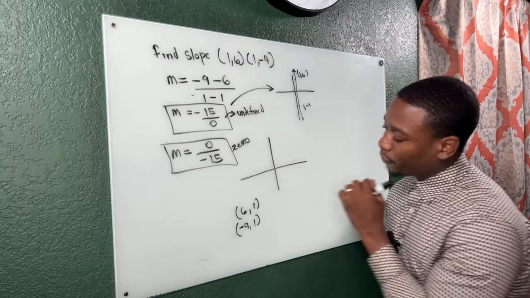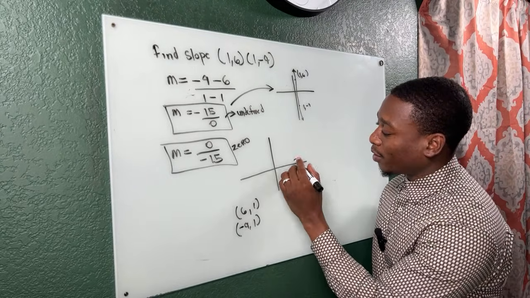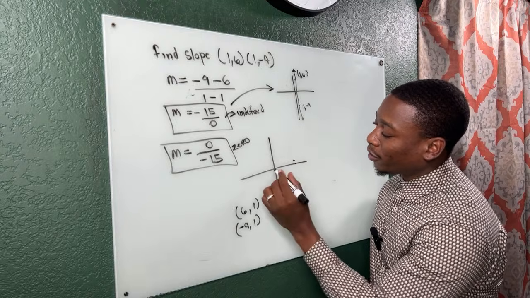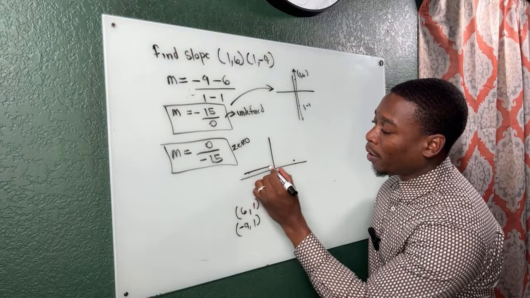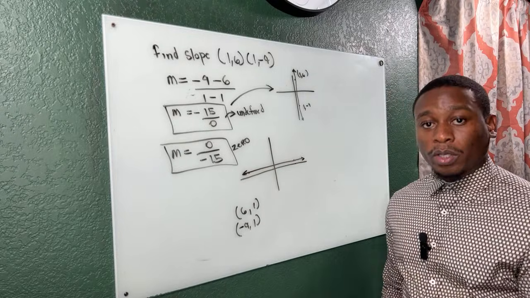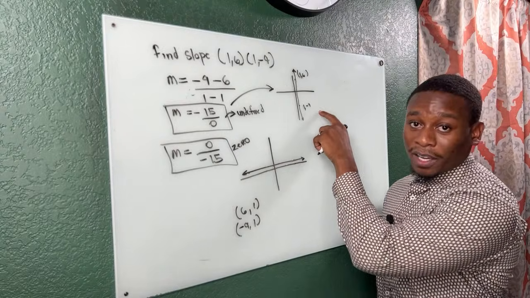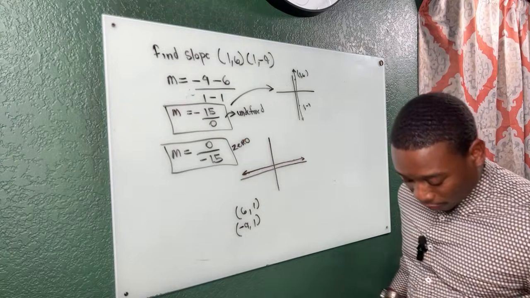Yeah, it'll be the same thing. So we go to the right 6, up 1. Let's see that here. Yeah. So if I just plotted these 2 points real quick, family, this is what it would look like. So this is a slope of 0. This is an undefined slope. Just put it in your calculator. It's going to say error.